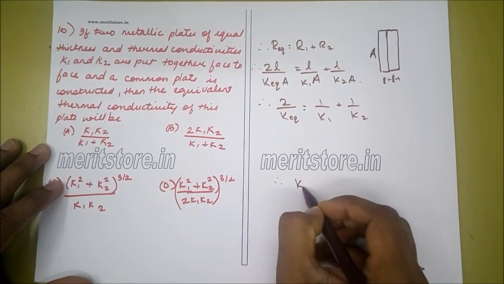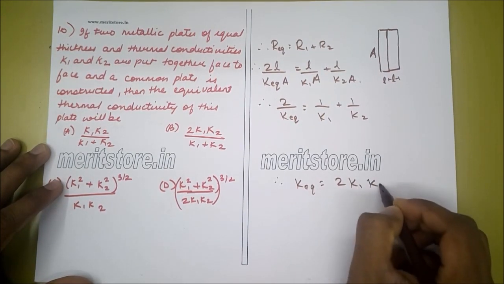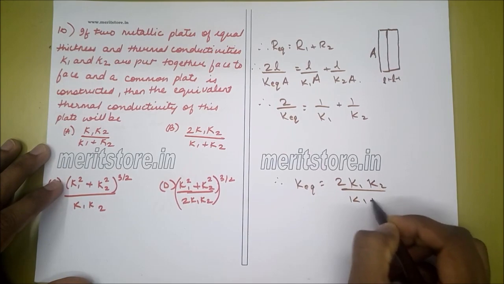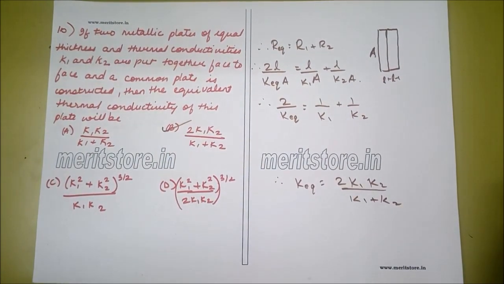So solving this, we get K equivalent as 2 times K1 K2 upon K1 plus K2. Hence option B is the correct answer.